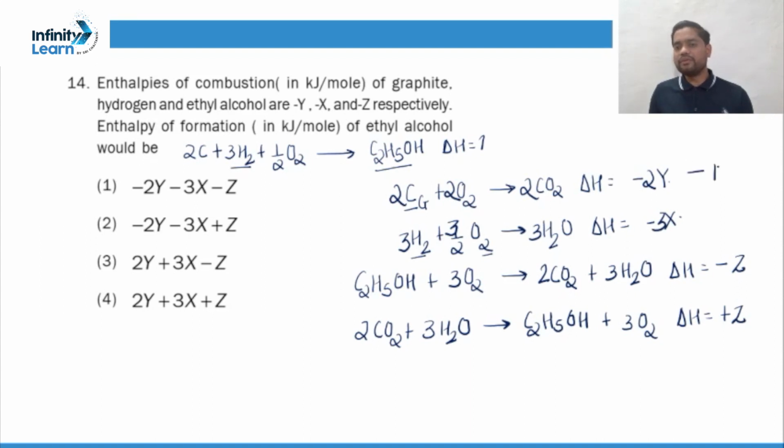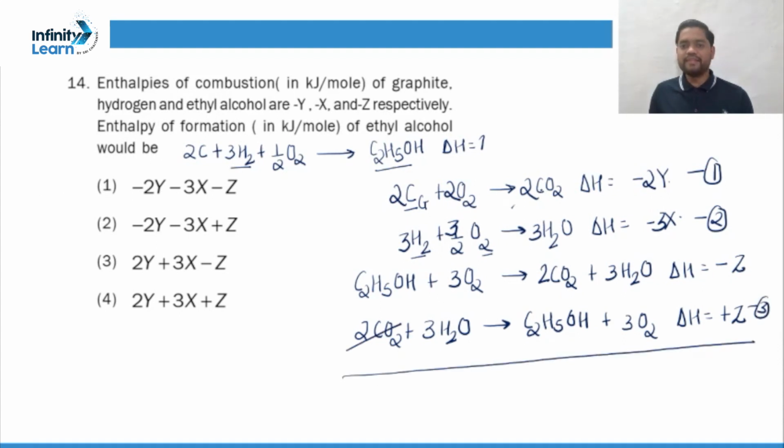Now we need to add equation 1, equation 2 and equation 3. If I add these equations, this CO2 and this CO2 will get cancelled out, and 3H2O, 3H2O get cancelled out. And then 3 oxygen. So we have 2 plus 3 by 2 minus 3 oxygen: 4 plus 3 is 7 by 2, 7 by 2 minus 3, that is half oxygen left.